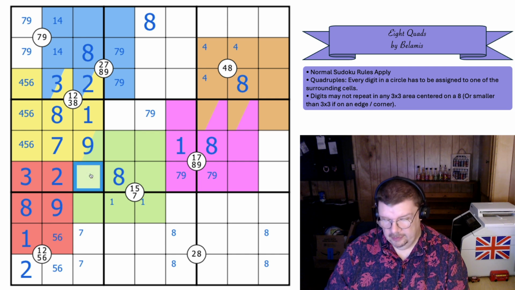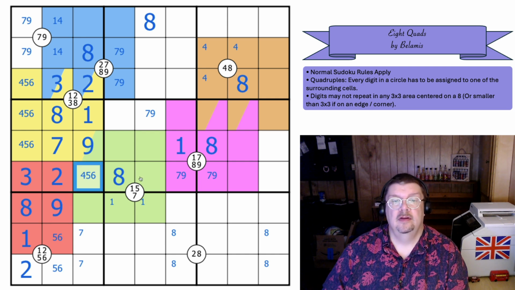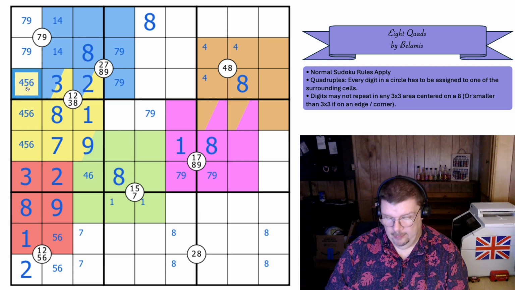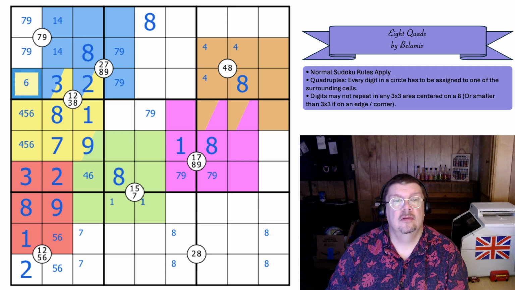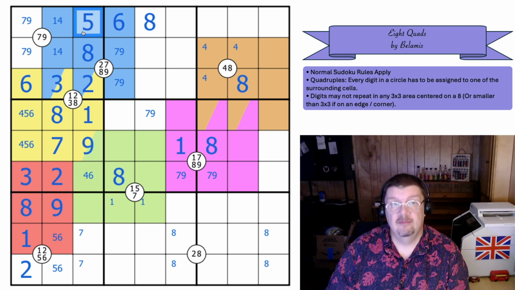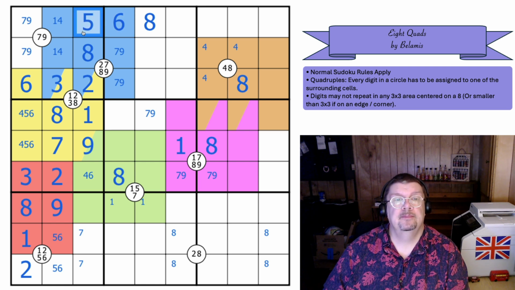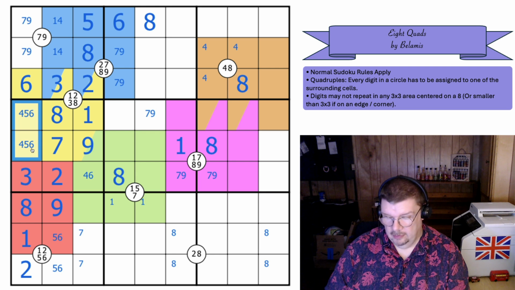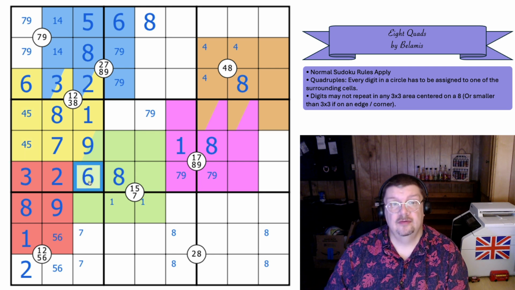This is a 4, 5, or 6, but it's not a 5 because we have a 5 there in green. So that means that one of those two is a 5 and that one isn't. And in fact, that's not a 4 either, that's a 6. And then that's a 6, so I can put a 6 in blue. This must be the 5 that goes in blue. Those are not 6, they are 4, 5, so that's a 6.